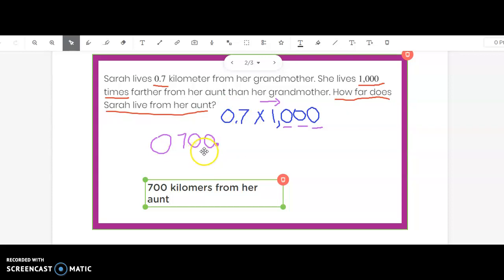Down here, I can erase that. I can remove that because it gives no value to our 700. Okay, it doesn't bring value up here either, but it's right next to that decimal, so it gives us a little more understanding. Down here in our answer, because we moved the decimal 3 places, I actually am going to just drop it off and keep my 700.